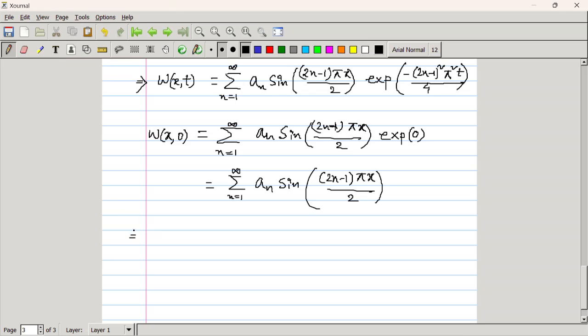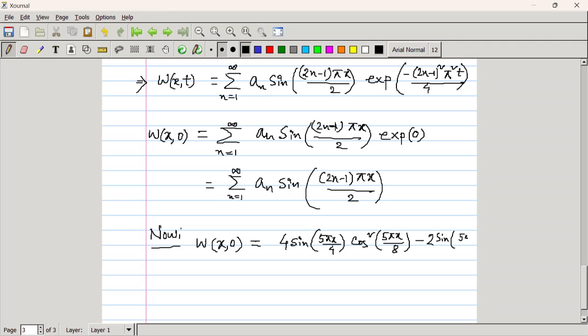So w(x, 0) is the expression, let me write it separately: 4 sine 5 pi x by 4 cos square 5 pi x by 8 minus 2 sine 5 pi x by 4.